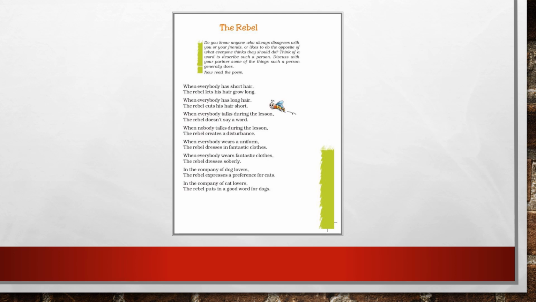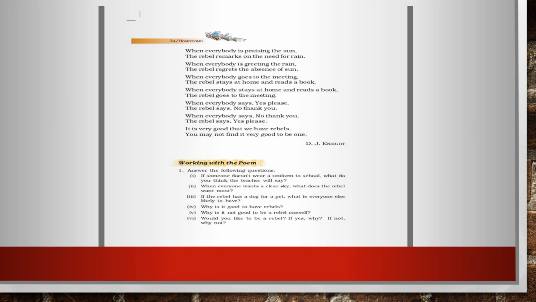In the company of dog lovers, the rebel expresses a preference for cats. In the company of cat lovers, the rebel puts in a good word for dogs. When everybody is praising the sun, the rebel remarks on the need for rain. When everybody is greeting the rain, the rebel regrets the absence of sun.